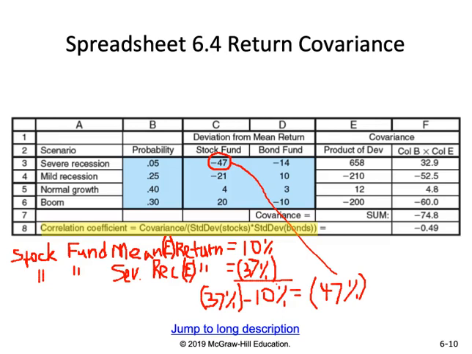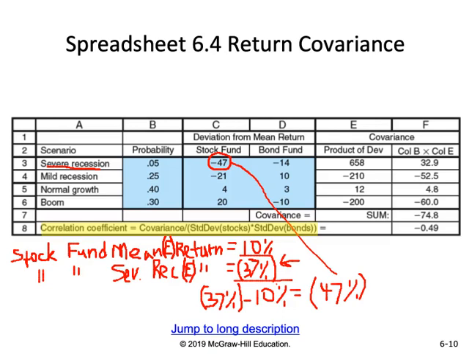And you recall from one of the earlier slides that the mean expected return for a stock fund, in these spreadsheet examples, was 10%. And you may look back and see that when the condition was a severe recession, then the expected return was a loss of 37% right here.